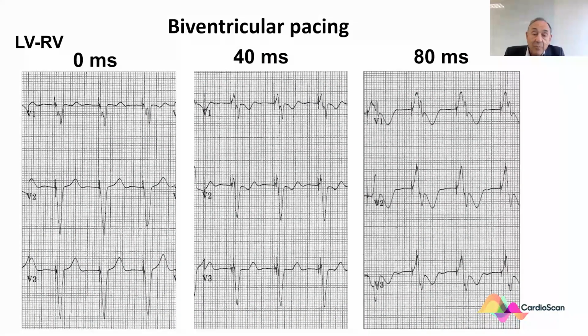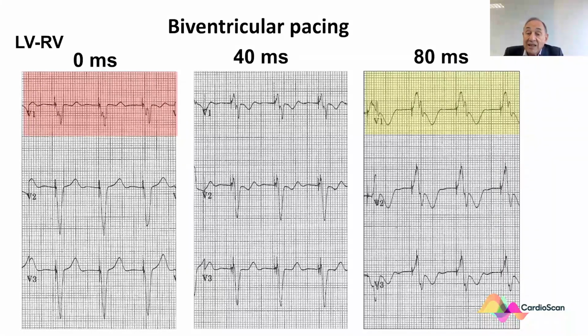Let us look at a number of tracings showing differences in the left ventricular to right ventricular times where we pace them. So if it is 0, that is both are together, one can see that it's really just a left bundle branch block appearance.